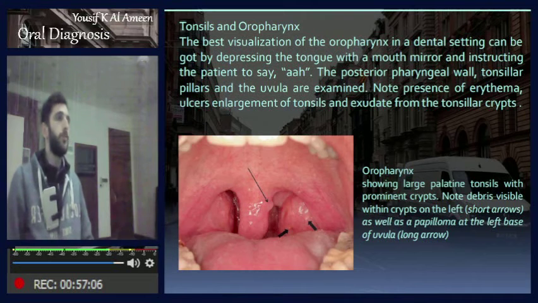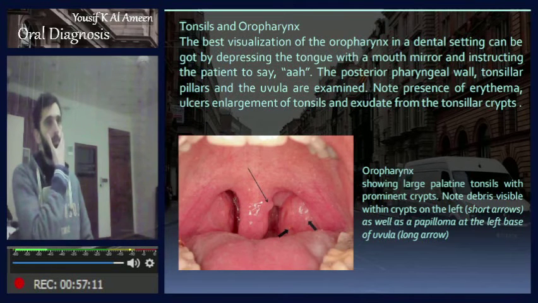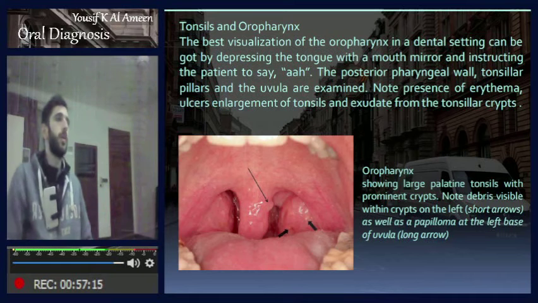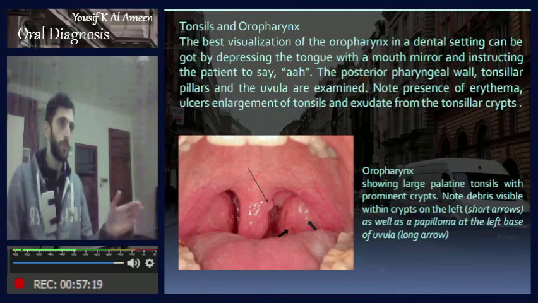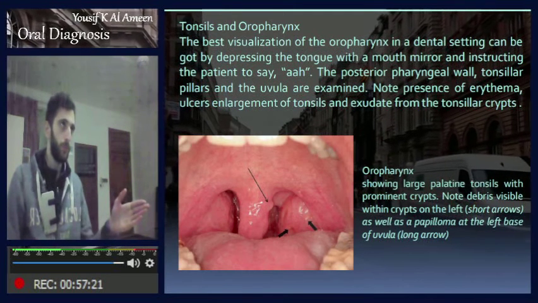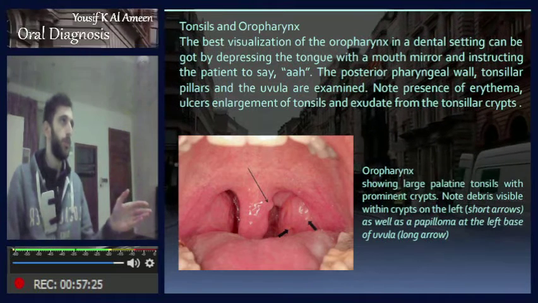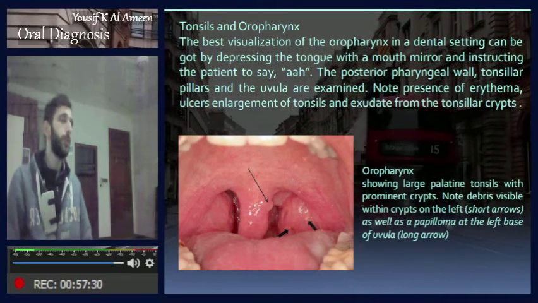The posterior pharyngeal wall, tonsillar pillars and uvula are examined. Posterior pharyngeal wall, uvula and tonsillar pillars examined.